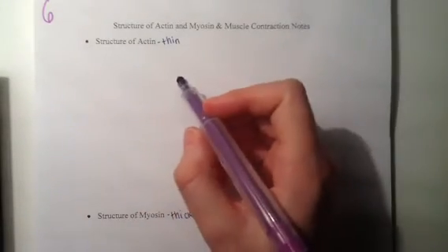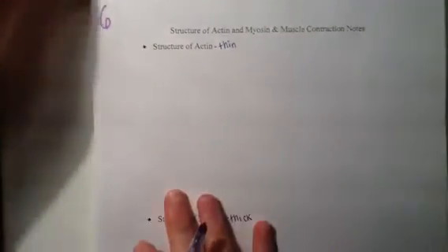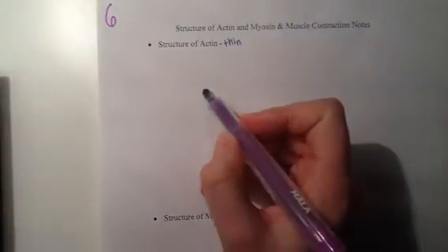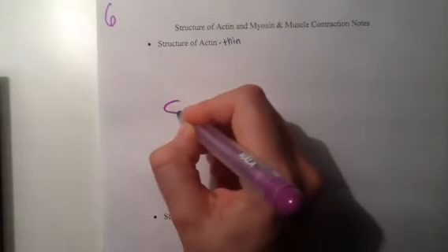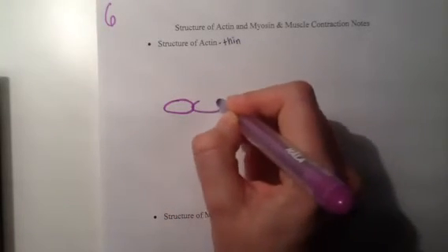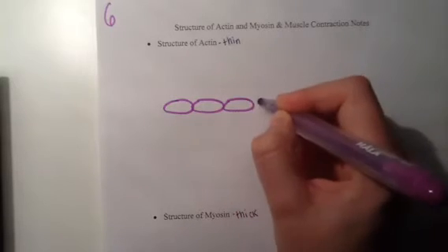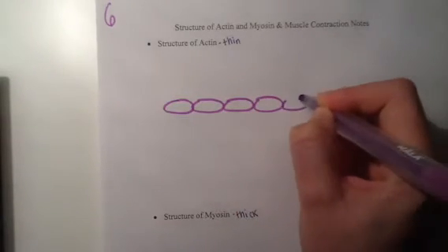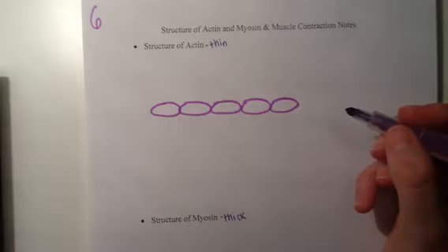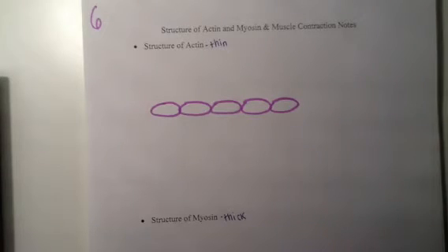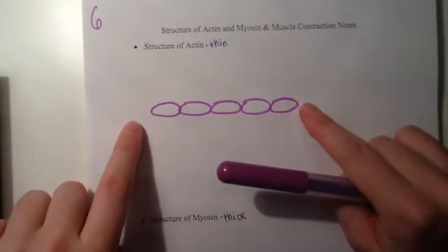So I'm going to draw, give yourself a little bit of space, little beads in one color. Now all I have done is zoom in on just the actin filament of the sarcomere. All of the actin in the sarcomere looks like this, but I'm just zooming in on one little bitty section of it.